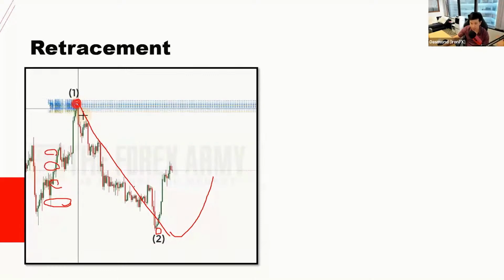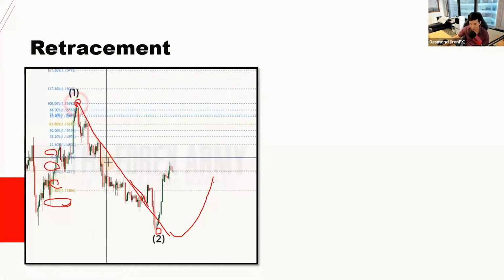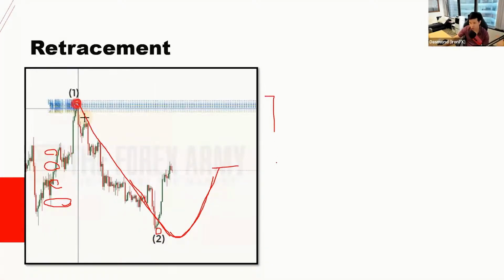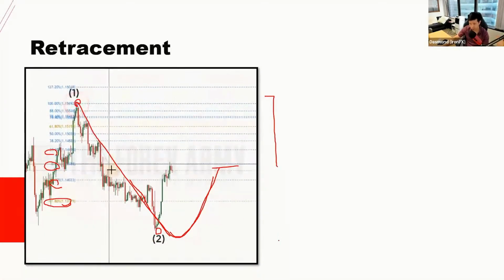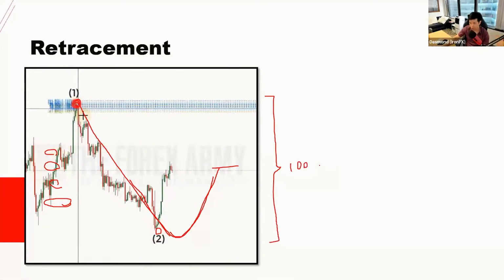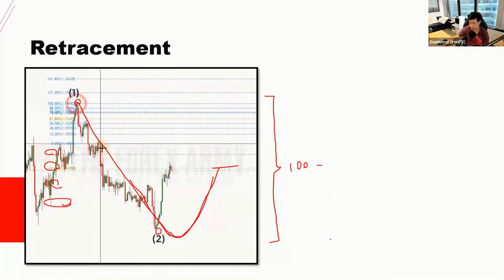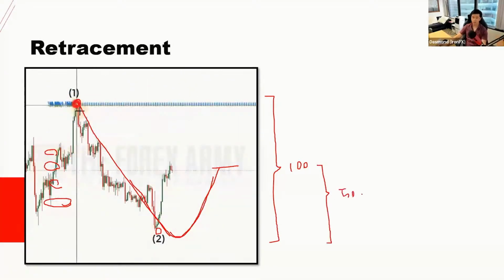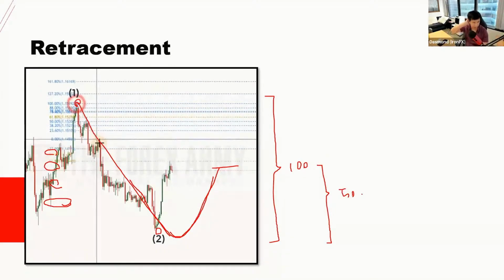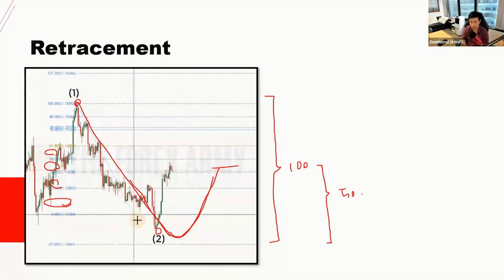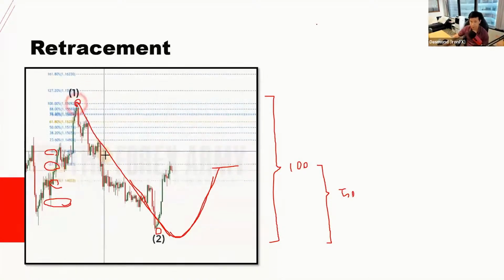This basically means how far you're retracing. If the total drop was 100 pips and you retrace 50% of the move, it means price has moved back up by 50 pips. So that is basically what Fibonacci retracement means.